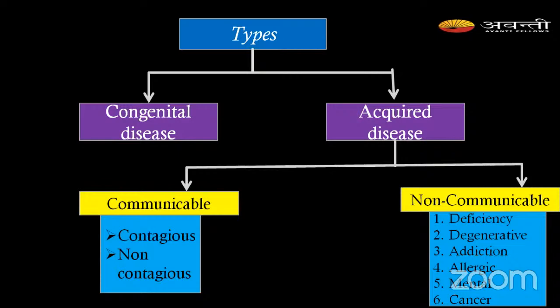For example, chromosomal disorders like Turner syndrome and Klinefelter syndrome. These are congenital diseases. They come from damage to the chromosome itself, and we can't change the chromosome after birth, so congenital diseases cannot be cured. Congenital means from birth.